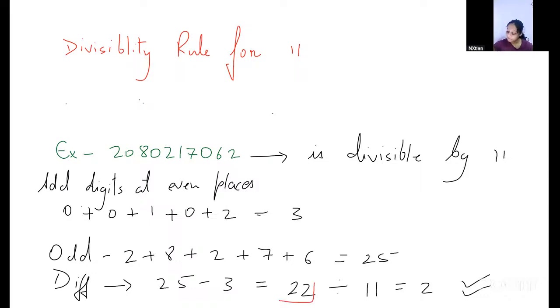When you are subtracting, finding the difference, either you will get a multiple of 11 or you will get a 0. When you get a 0, that time also it will be divisible by 11 when you get the difference of odd and even as 0. Okay, got it now?